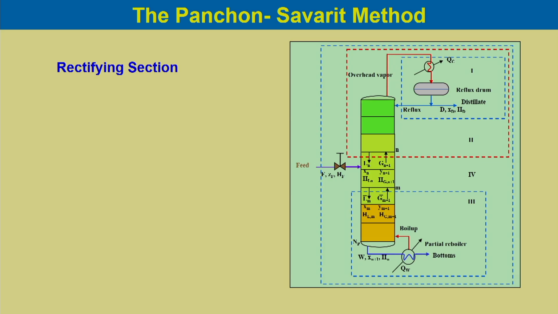Then the envelope to consider the rectifying section is above the feed tray, and it takes all parts of the rectifying section. Section 3 considers the stripping section, and section 4 constitutes the overall fractionator.